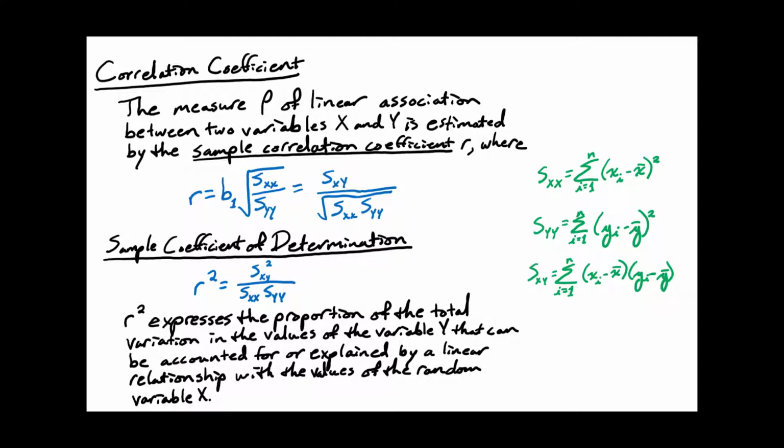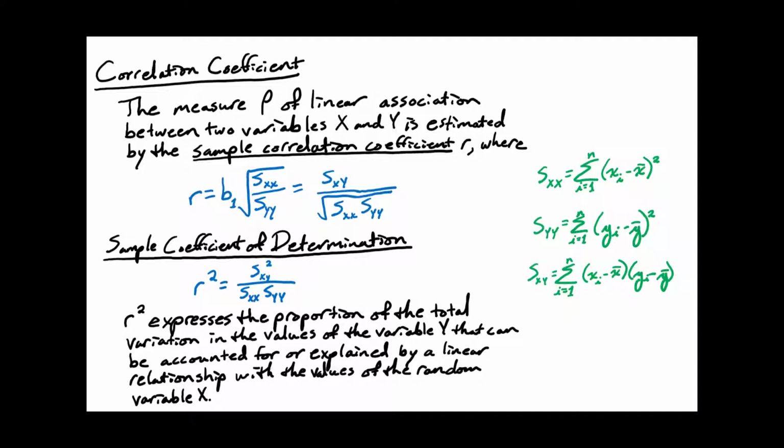The correlation coefficient is a measure of linear association between two variables, x and y. Now, to find that overall association for the entire population, we denote it with the Greek letter rho, and for the sample correlation coefficient, we use the English letter r.